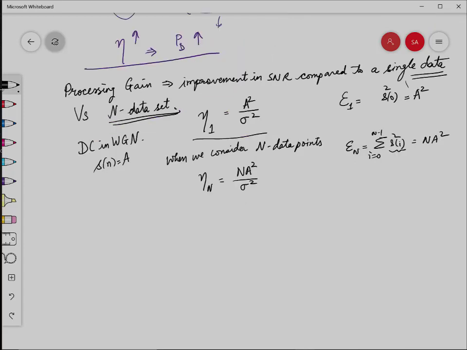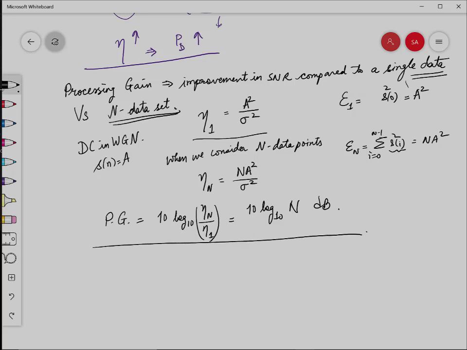So my processing gain is given in dBs, and I can write it as 10 log 10 of eta n over eta 1, which is equal to 10 log 10 n in dB. So this is my processing gain.